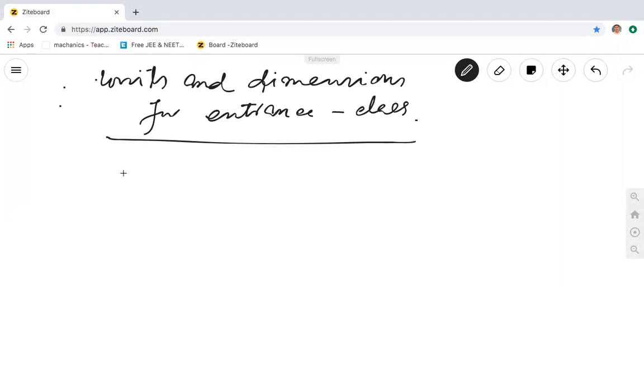To deal with the units and dimensions, we have to define certain quantities. Number one, we need to know what is the physical quantity.